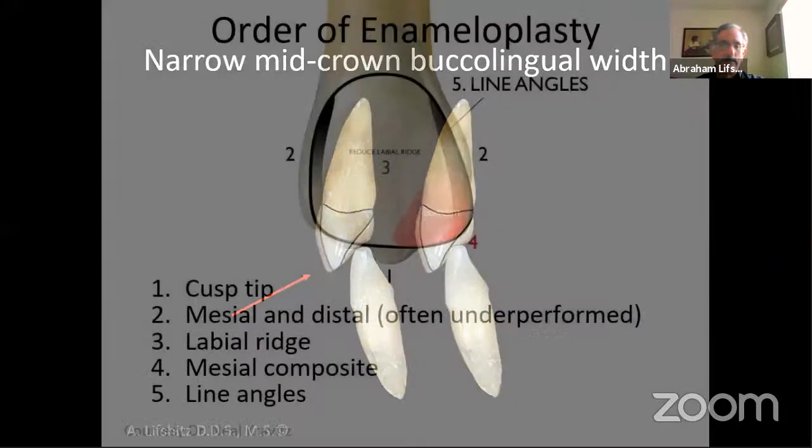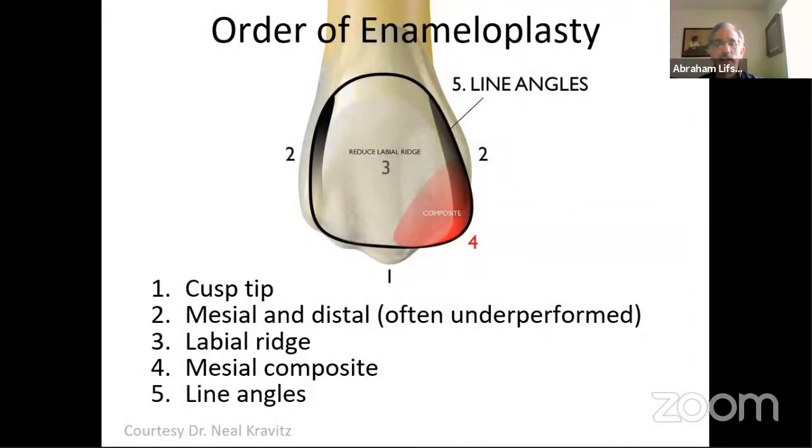So the order of the enameloplasty, as stated by Neil Kravitz, is that the first thing we need to do is remove the cusp. Then we have to do an enameloplasty on the mesial and distal surfaces of the canine, which are often underperformed.